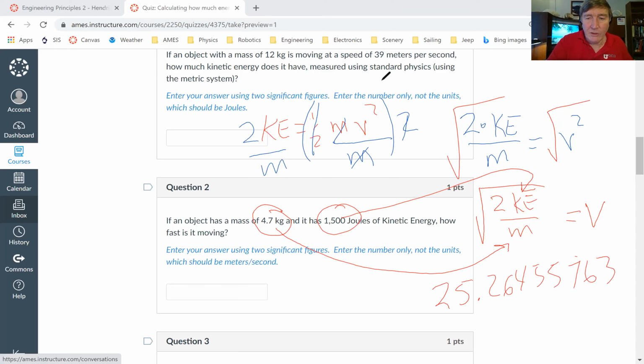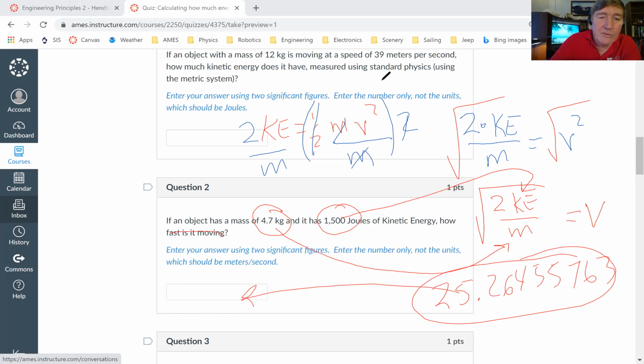25.26455763. So do I put this into the box as my answer? No. Why not? Because the instructions say that I'm only allowed 2 significant figures. So I need to draw a dotted line after my second digit. I am going to either round this down to 25 or round it up to 26.